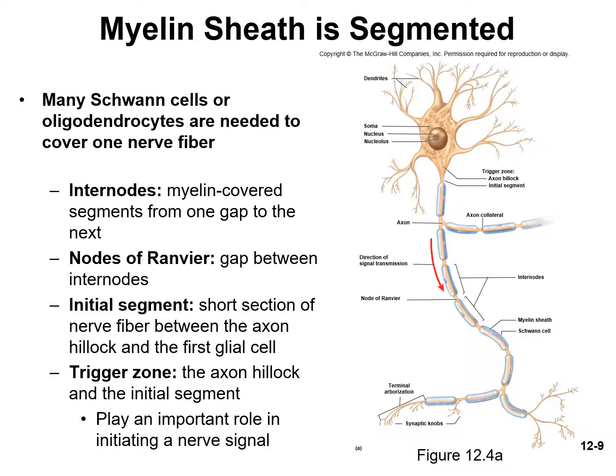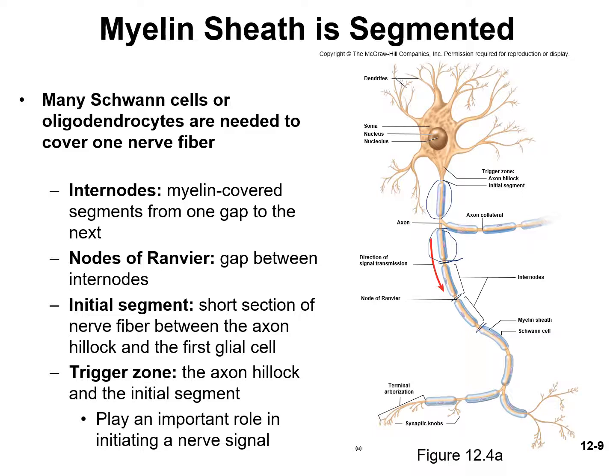And there's a few terms that you'll want to be familiar with here. Internodes are the myelin-covered segments. So this would be an internode, this would be another internode. The nodes of Ranvier are the uncovered sections of the axon. So these little gaps between myelin sheaths, those are the nodes of Ranvier.